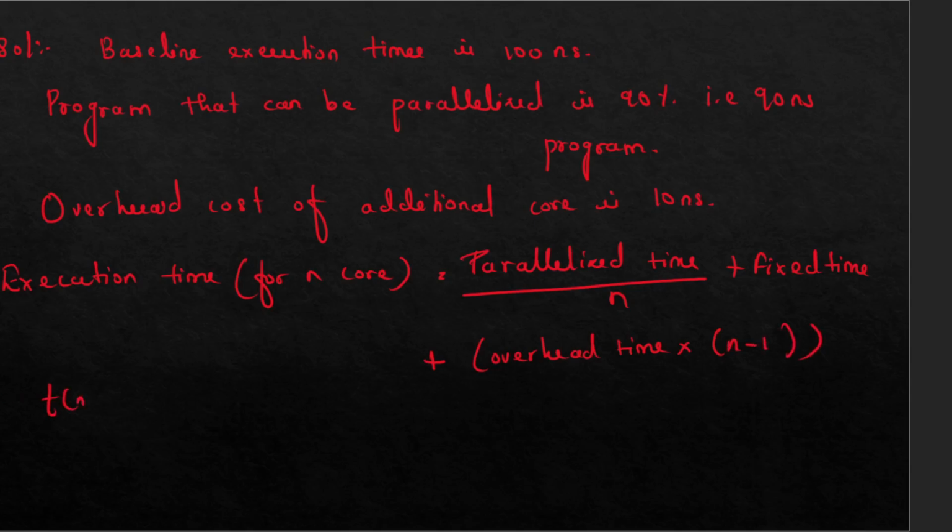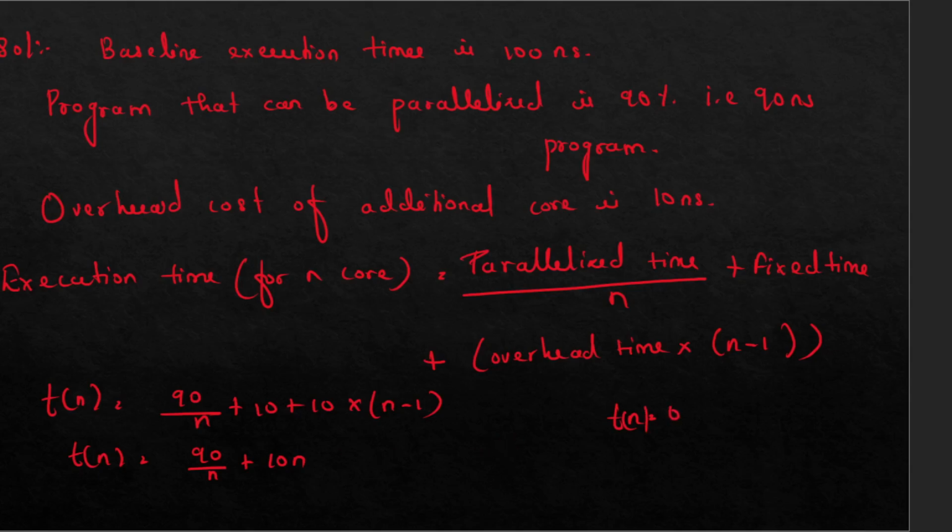Now T of n is 90 by n plus 10 plus 10 into (n minus 1). After that we can write T of n equals 90 by n plus 10n, if you simplify this properly. To minimize, let's take the derivative, T dash of n, equals 0.